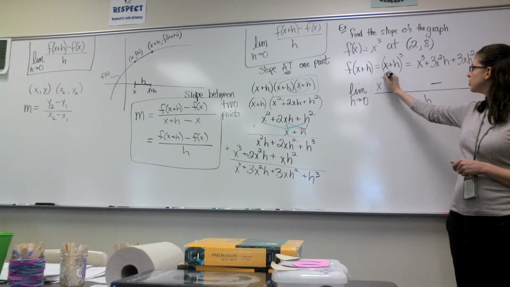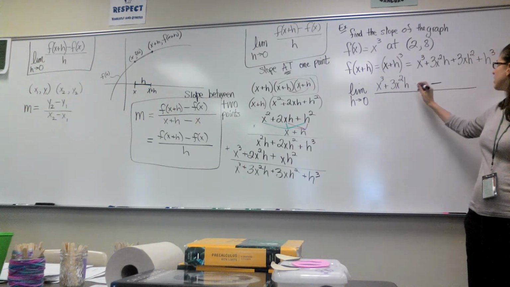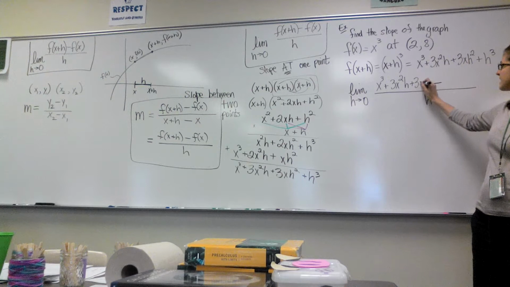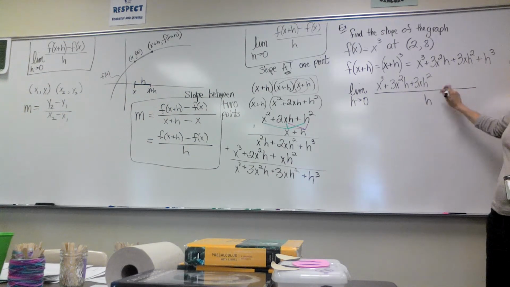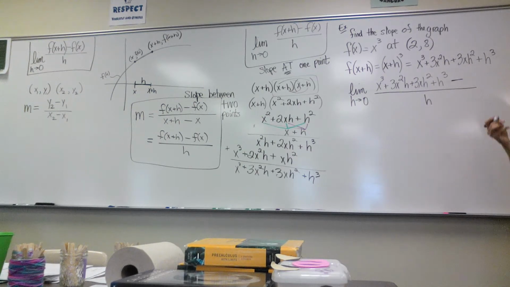So x cubed plus 3x squared h plus 3xh squared plus h cubed minus f of x, which is what? In case you've forgotten. X cubed. Okay, now we need to try to get to a place where we can plug 0 in for h. What are we going to do?